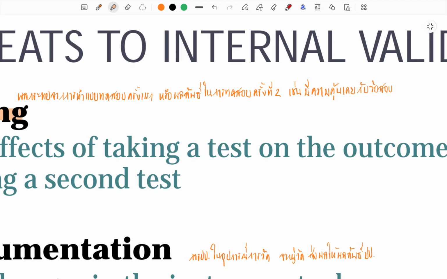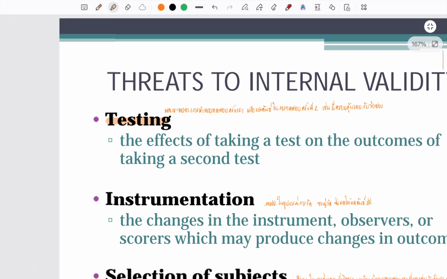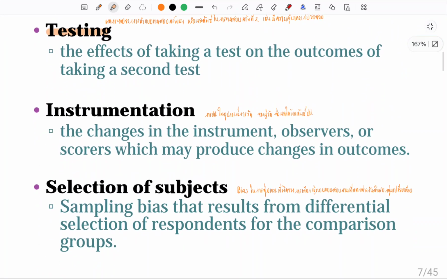So in order to avoid this, you have to plan the order of the tests or provide them some resting period.